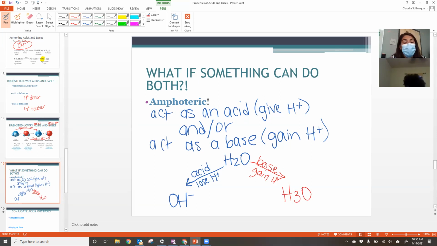But remember, it's gaining a hydrogen ion. So while H2O is neutral, when you add a hydrogen, that charge also goes up.